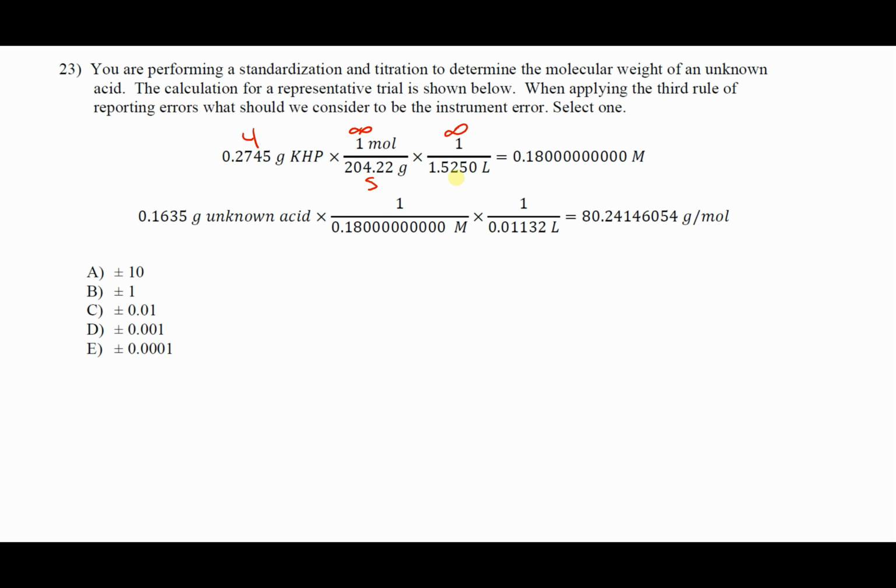Here I have 5, which means this answer here can only have 4 sig figs as denoted by this. That goes down to the bottom, so that's 4 sig figs, which means my answer can only have 4 sig figs. So my uncertainty is in that 4. If that 4 can go up or down by 1 because it's uncertain, there's my uncertainty.